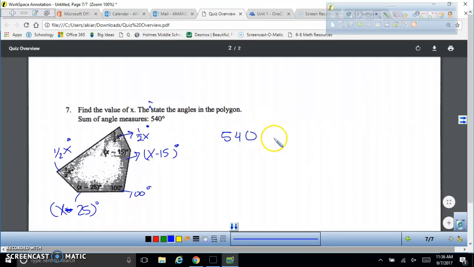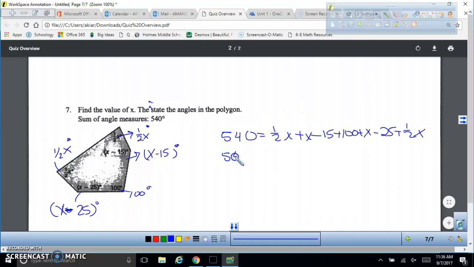540, because it tells you that the angle sum is 540, equals 1/2 x plus x minus 15 plus 100 plus x minus 25 plus 1/2 x. I just went through and counted all the angles and put them on the other side of our equation.